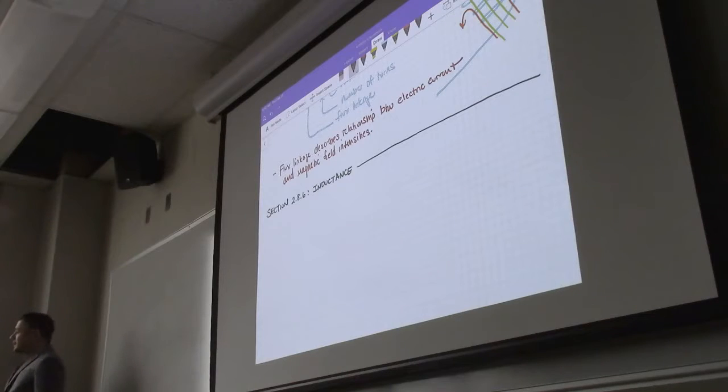Inductance is normally the value that we're going to be concerned with in this class when it comes to representing the relationship between the magnetic field or magnetism and electric fields.